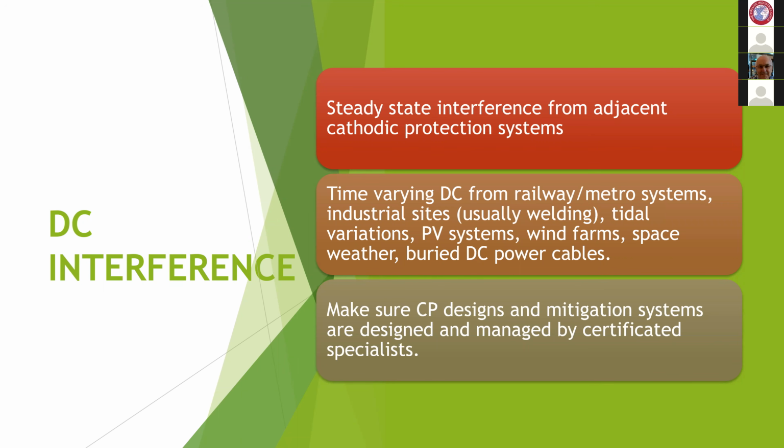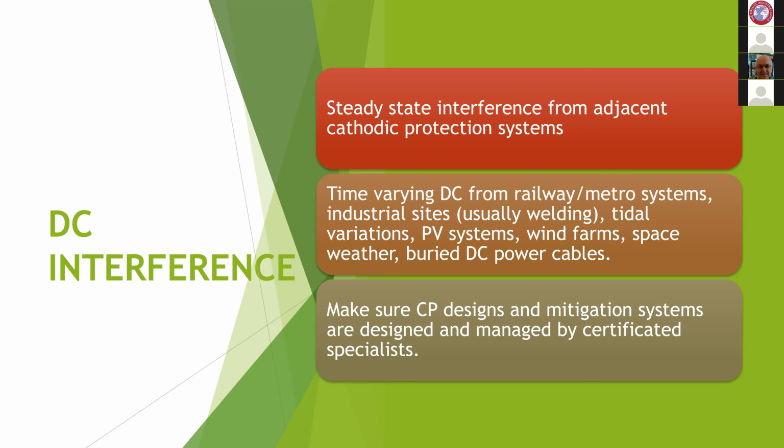But if you've got a coating defect in that gradient, you are at a higher risk of corrosion. So that's why steady state interference from adjacent CP systems is a concern. It's something the designer needs to look at when planning, and he needs to liaise with the operator of the pipeline that's taking lots of current in order to develop a mitigation system that suits everybody.